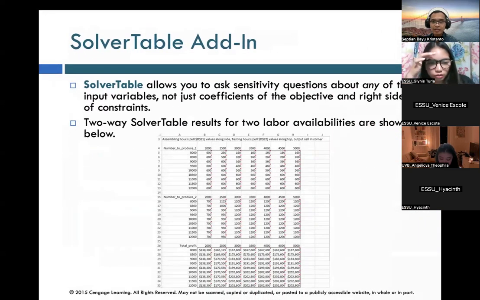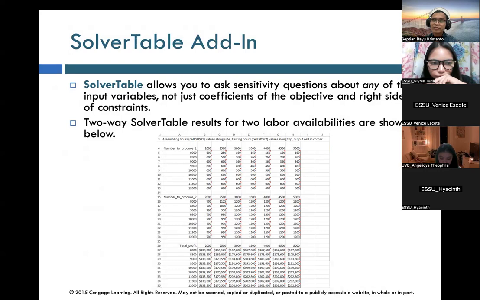In another way, we have the solver tables, a function that is an add-on in your Microsoft Excel. Most of your Microsoft Excel could be built using the originals of Microsoft Education.